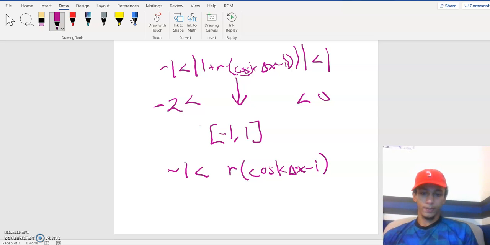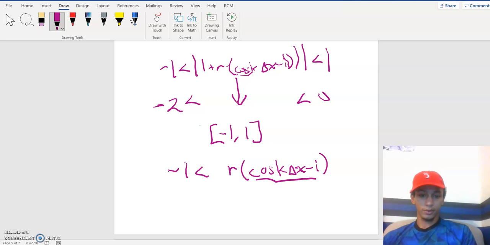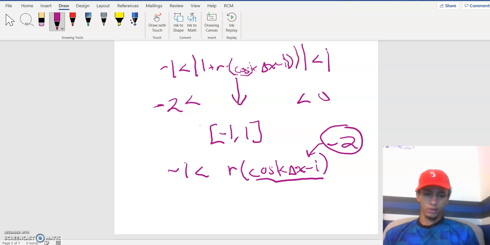And what we know, if we did this to find the smallest possible value for cosine kΔx minus 1, the smallest value you can get for this is negative 2. So what we have to do now is divide the function by negative 2.